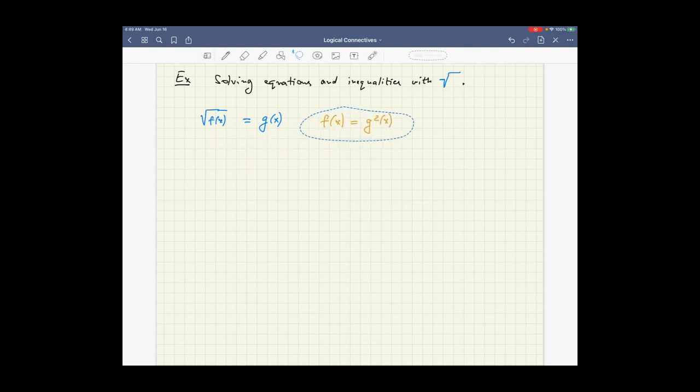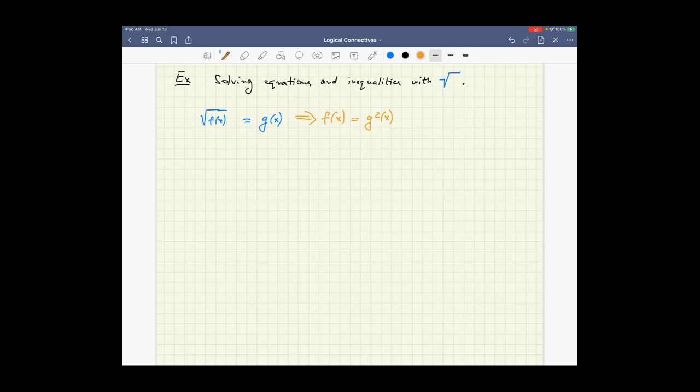So definitely the fact that root f equals g implies that f equals g squared. But the converse is usually false.